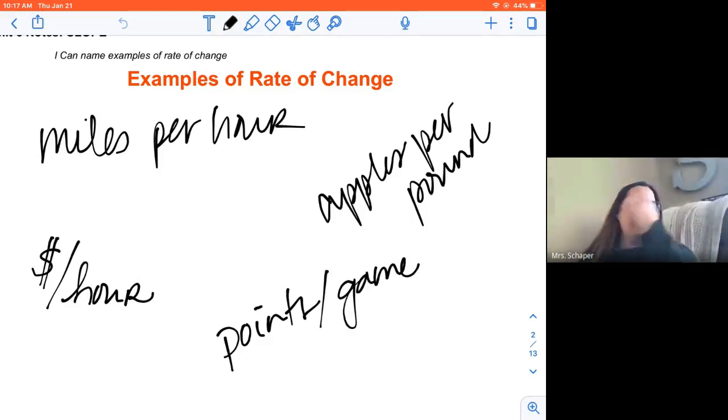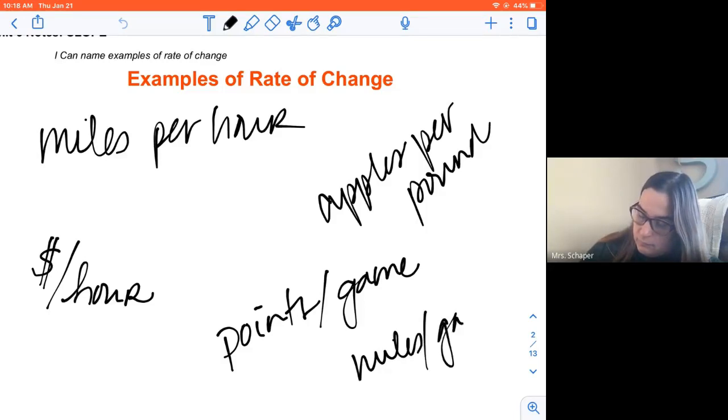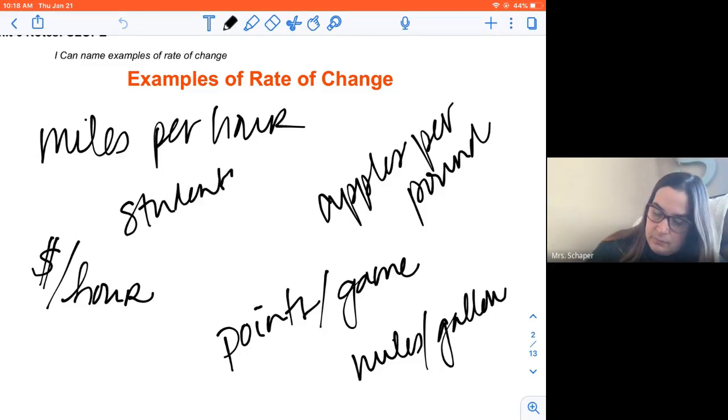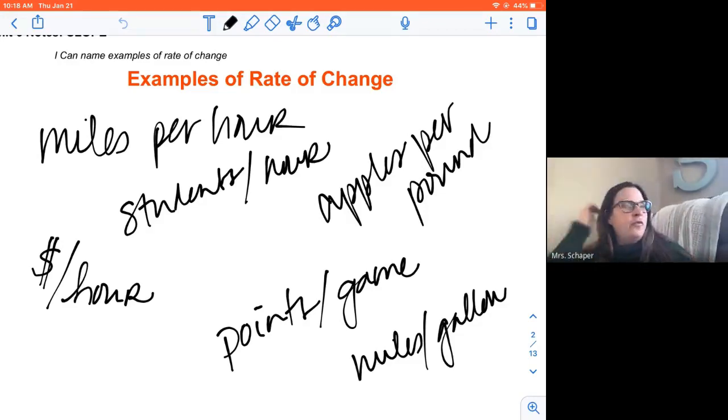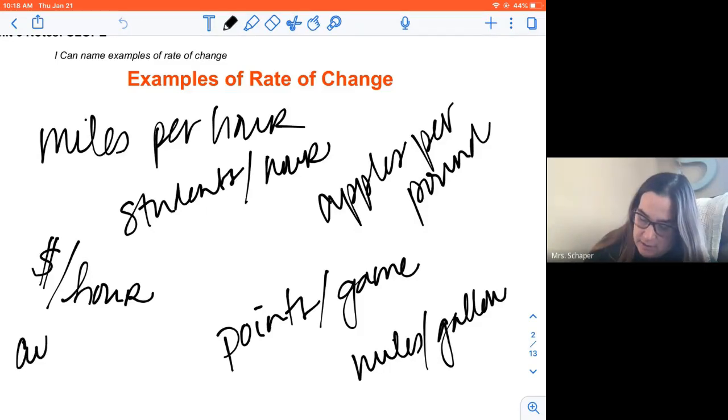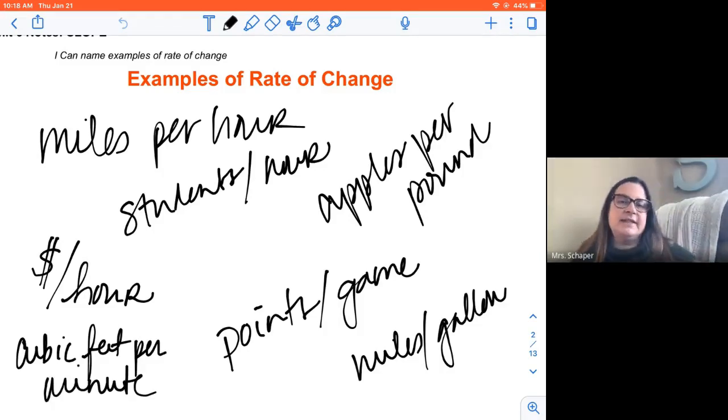Okay, a rate of change could be your miles per gallon. A rate of change could be students per hour. All right, so there's a lot of possible rates of change. You could talk cubic feet per minute. That's something they talk about with HVAC systems. So there's a whole bunch of rate of change that you can be talking about, and it's all around us. It is all around us.